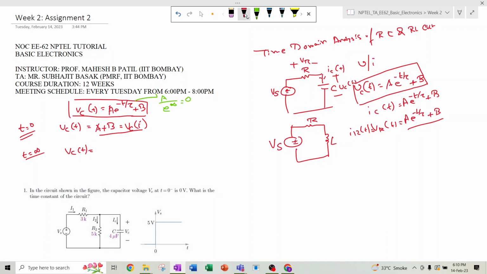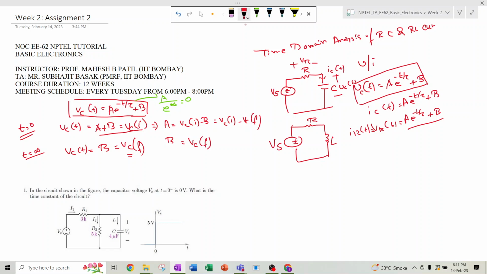So Vc(t) is nothing but b, which we are calling the final value. So from here we can get a equal to Vc initial minus b, which is Vc initial minus Vc final, and equivalently for b we are getting Vc final.